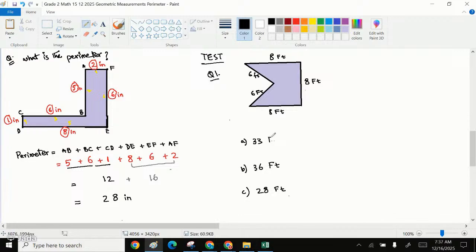And we'll solve it together then, and then we will see who got the correct answer. So what about this? What is the answer for the perimeter? What is the perimeter?